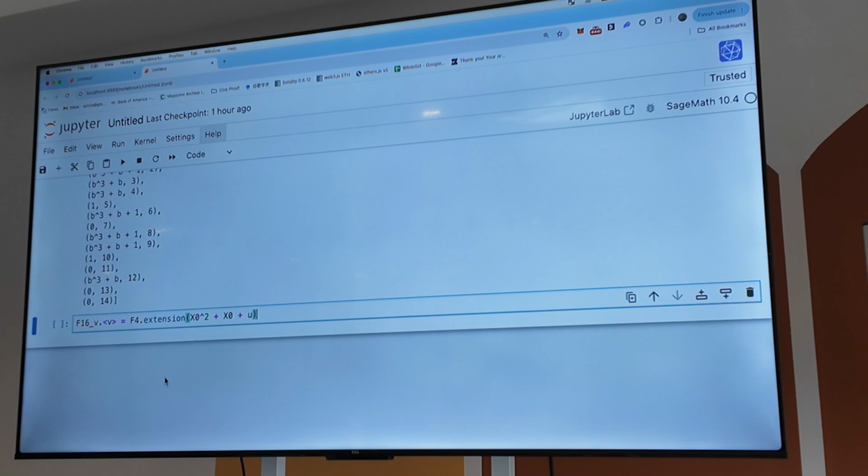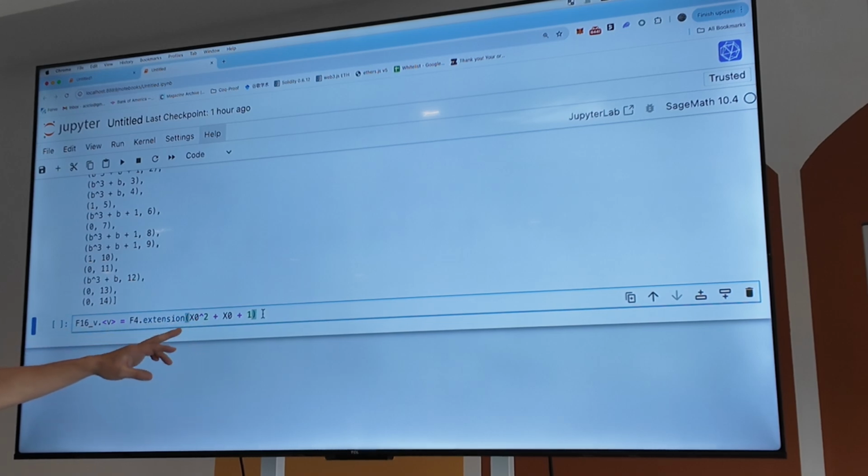But here's the problem. We cannot use x0 squared plus x0 plus 1 here. Why? Because this polynomial is not irreducible; it can be factorized.